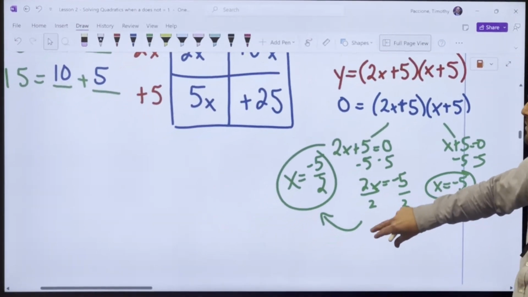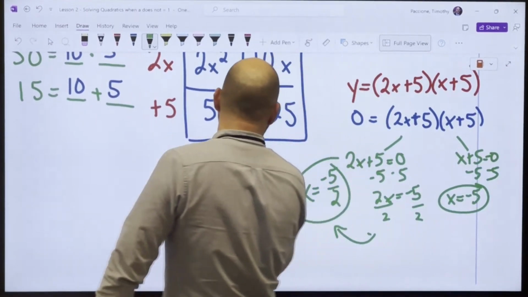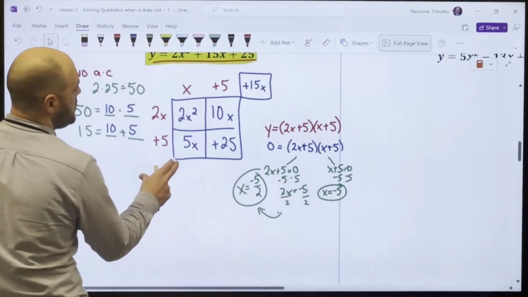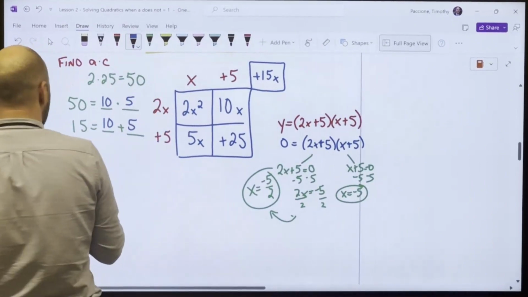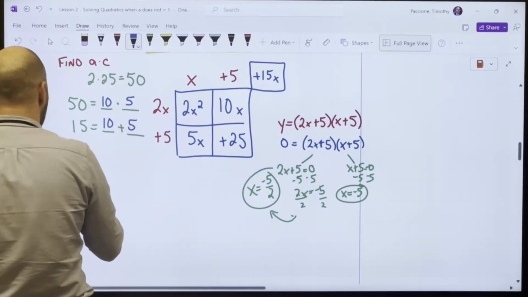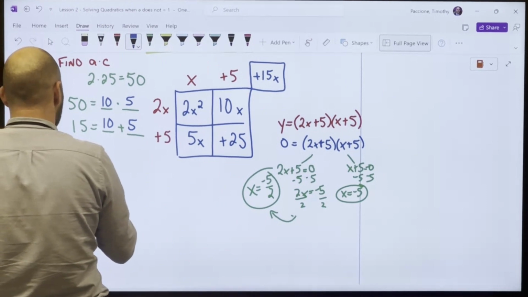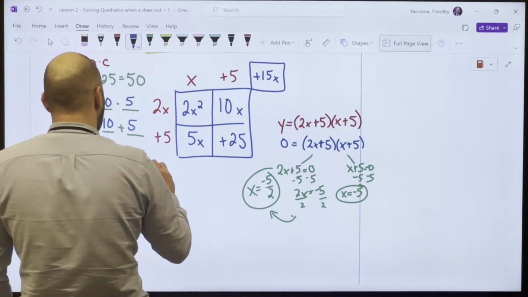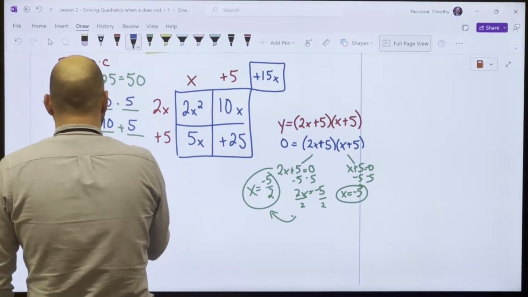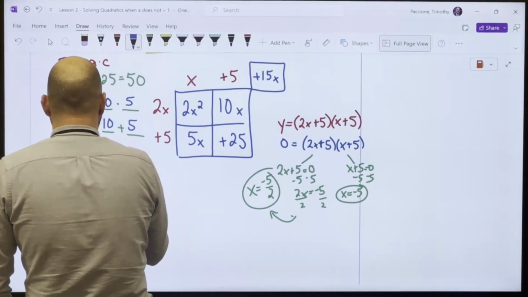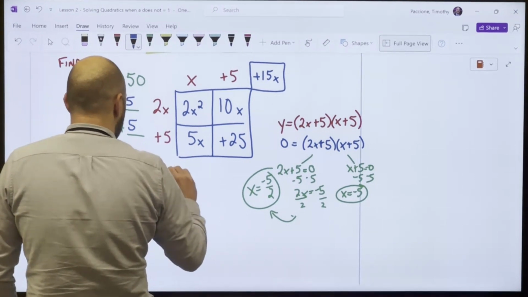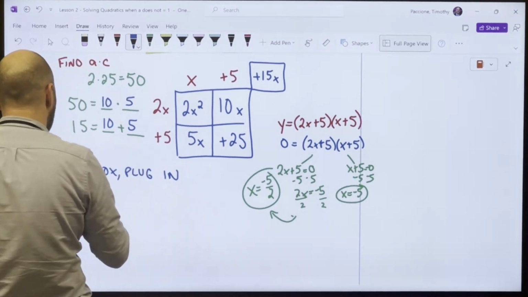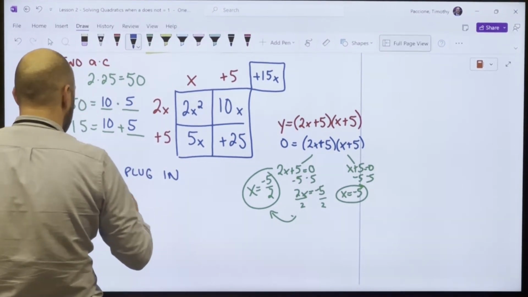So our steps, well, what did we do there? We first built a box and then plugged in ax squared and c, right?